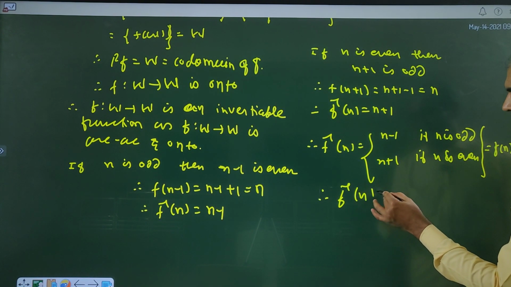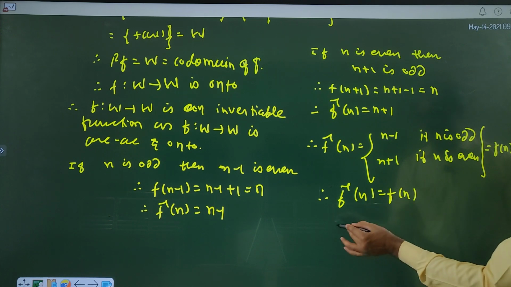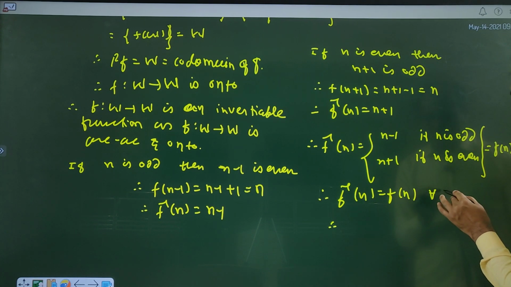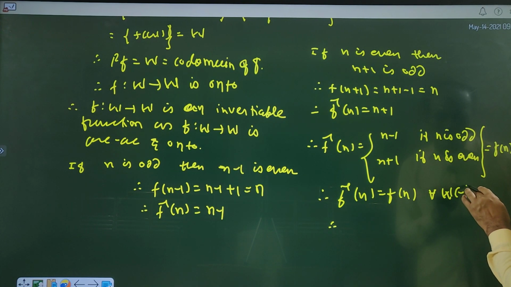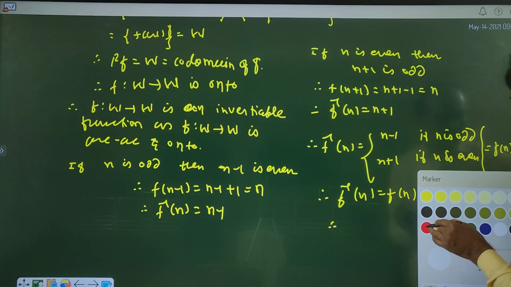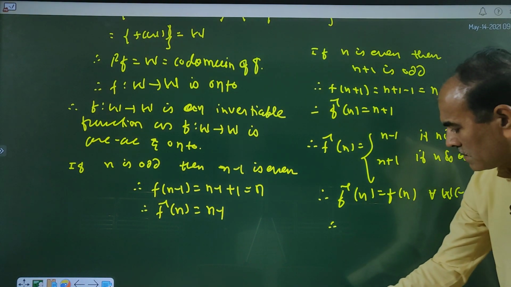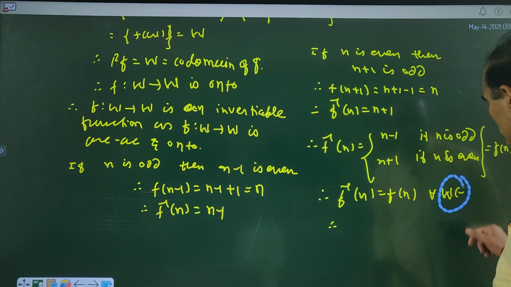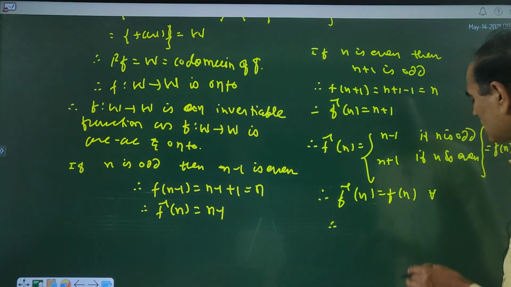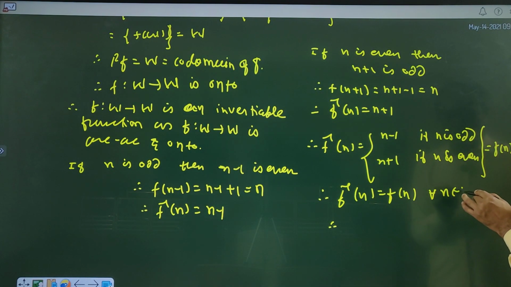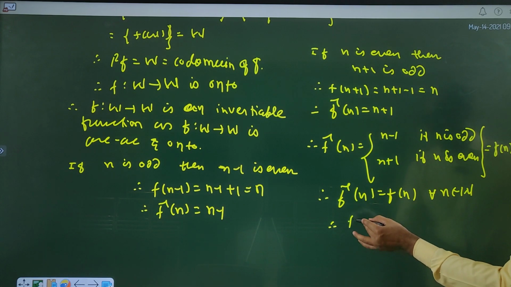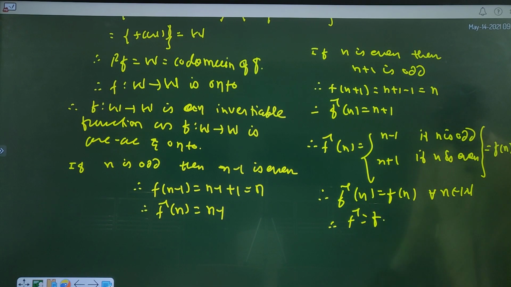And therefore, f inverse n is equal to f of n for all n belongs to W. And therefore, f inverse is equal to f here. Clear?